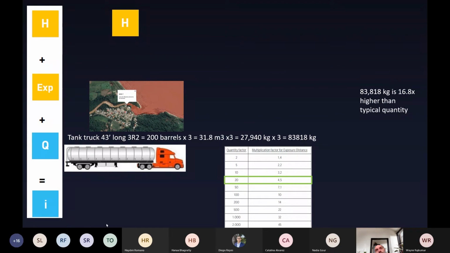Is that clear? Where is this table referenced? Catalina just made the reference in the chat where this table is. And that is linked to the FEAT table. Yeah, correct, that is in the FEAT table. Catalina, do you have the link for this table?